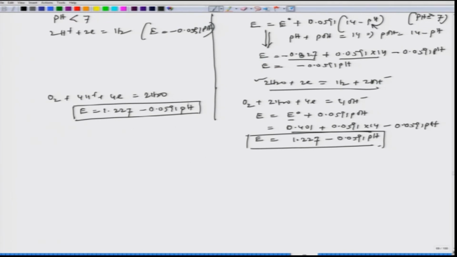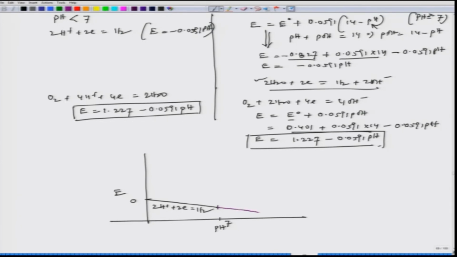Now, if we would like to plot these reactions in this Pourbaix diagram, E versus pH, this value is 0 and then up to pH 7 we have H2, and then if we extend it, that time it will be 2H2O plus 2e equal to H2 plus 2OH minus.